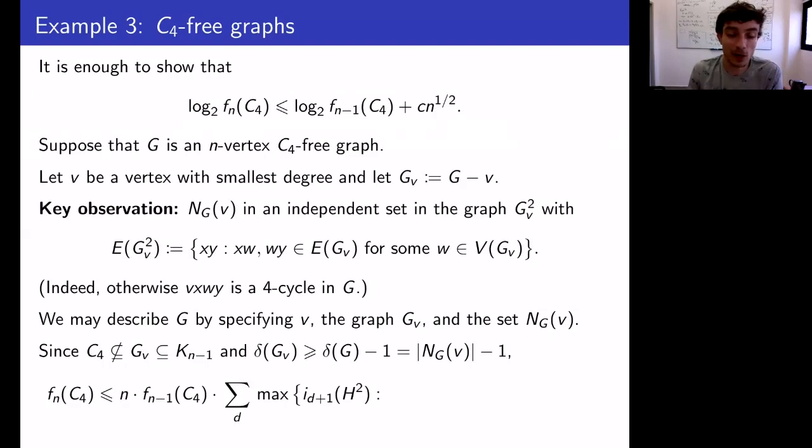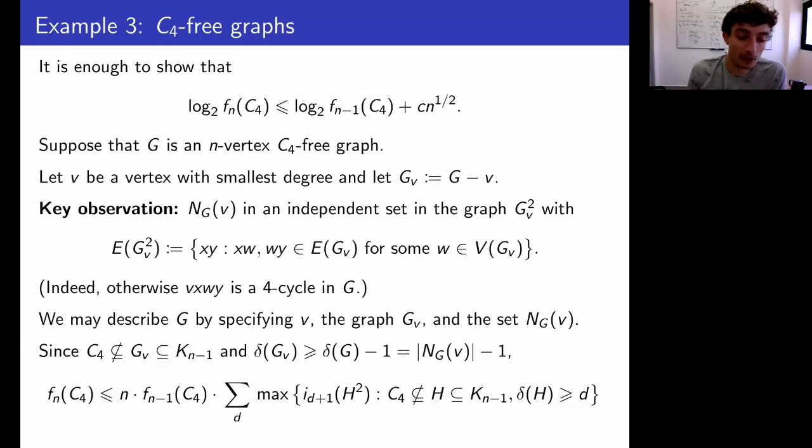Now, what is H squared? H squared, which is our G_V squared, is a graph with n-1 vertices and no C4, and importantly, its minimum degree is at least d, because we knew that the minimum degree of G_V by construction is at least the degree of V.